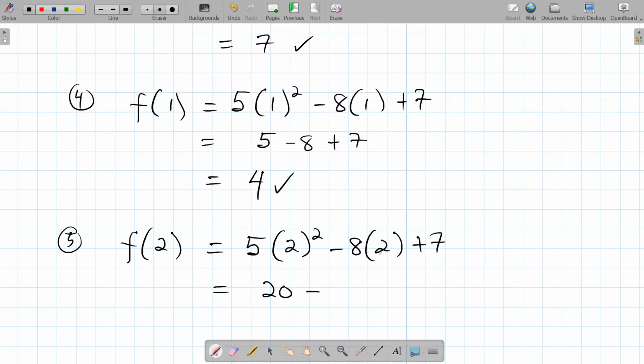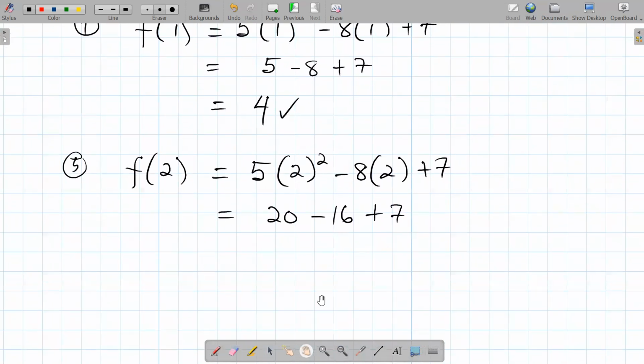There's a minus here. This is not a minus, it's positive. So 8 by 2 will give me 16. And then the minus will stay as is, plus 7. Then I'm just going to go ahead and subtract and add. 20 minus 16 is 4. And I add 4 to 7 gives me 11.